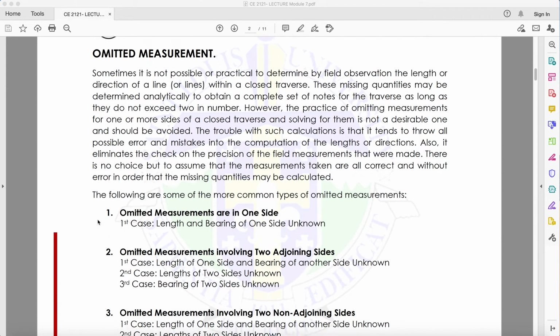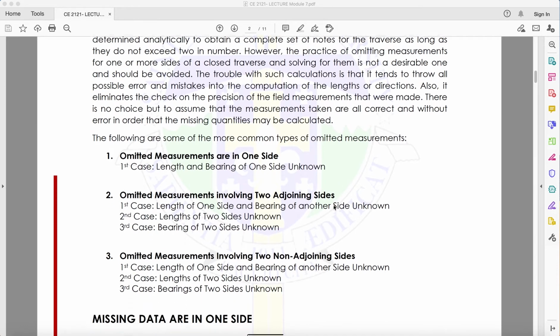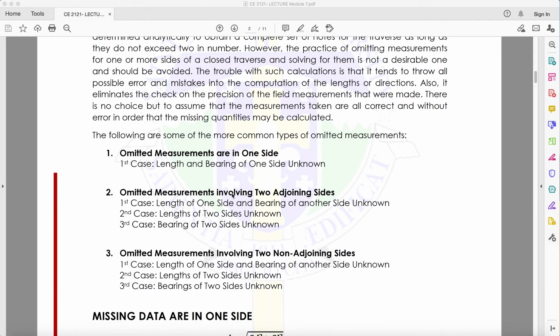What are the common types of omitted measurements? Number one, omitted measurements in one side. The length and bearing of one side are unknown. Number two, omitted measurements involving two adjoining sides, meaning the two sides are beside each other.